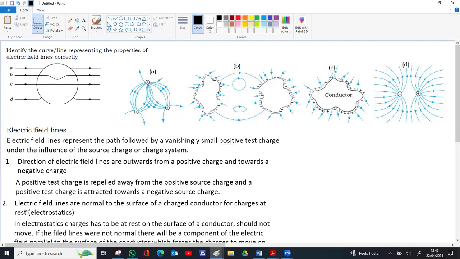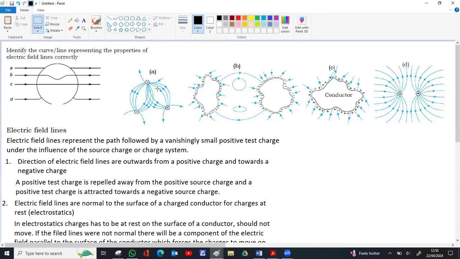A is not correct because electric field lines are always normal to the surface. It has to be 90 degrees with the surface. This is not making any 90 degrees. It's like an acute angle. But the line D, it comes, then at this point it becomes normal. Even when it comes out, it is normal. So out of A, B, C, D, in this particular question, for this being a conductor, A, B, C are wrong. D is the correct representation.